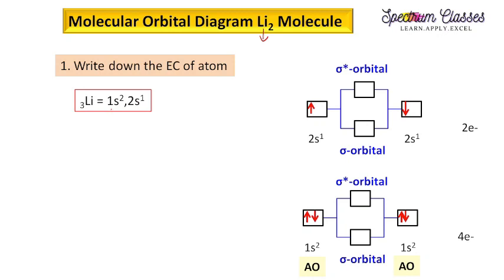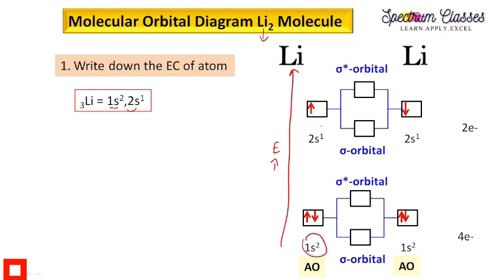The use of writing this is that we can arrange the atomic orbitals in increasing order of energy. Here is the energy, and this 1s has lesser energy as compared to this 2s1, right? So 1s2 is written first and then 2s1 afterwards. I hope you understand what it means.